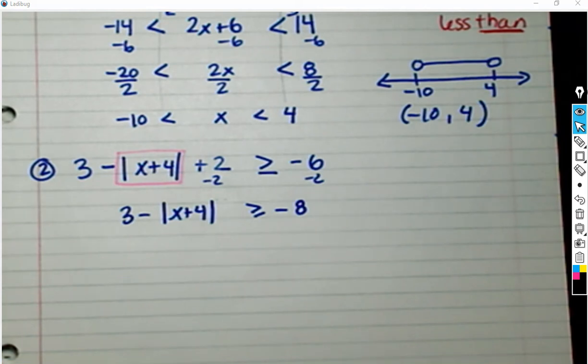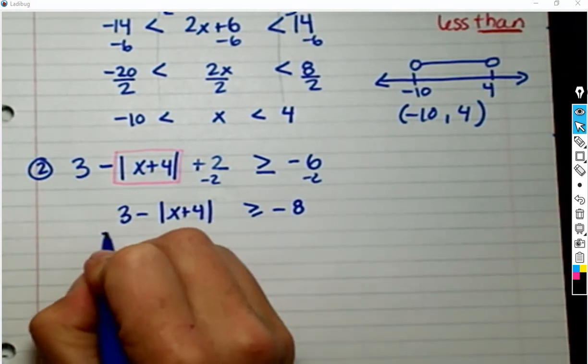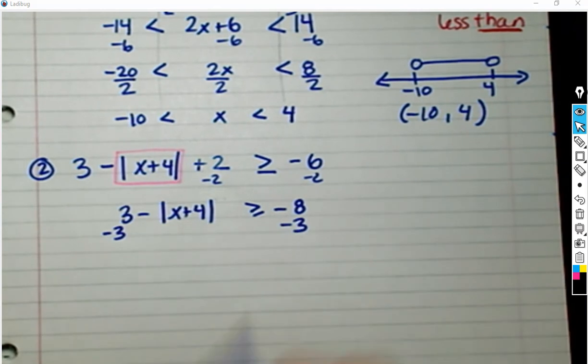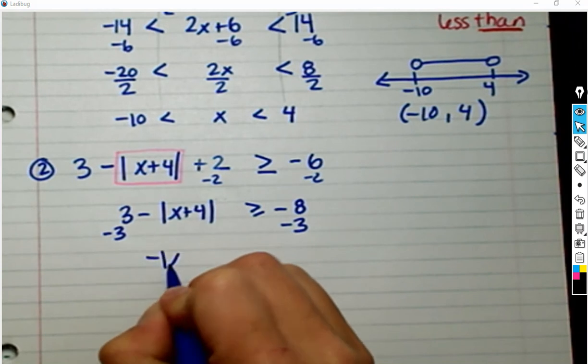Noah, what would you do next? I'll subtract 3 from the side. Ooh, I like it. See this? This is 3 subtracting this thing. This is still a number that was added. It's kind of funky because it was written in front, but it's what it is, okay?